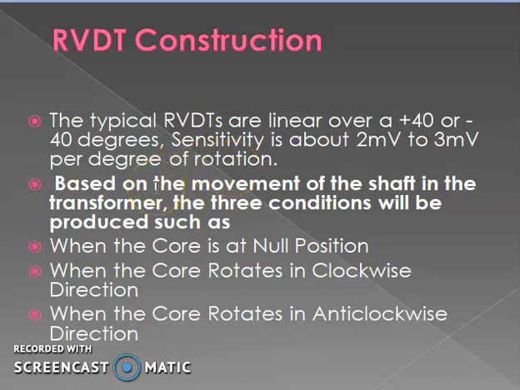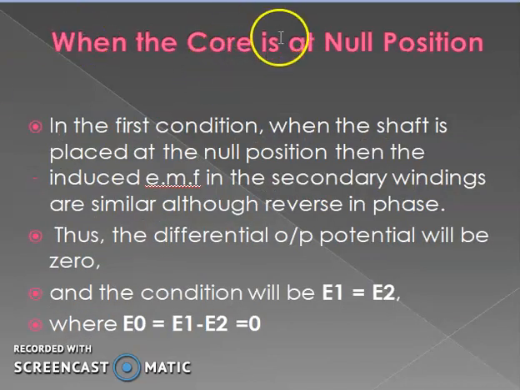Based on the movement of the shaft, three conditions are produced: when the core is at the null position, when the core rotates clockwise, and when the core rotates anti-clockwise. Now, the first condition, the null position.